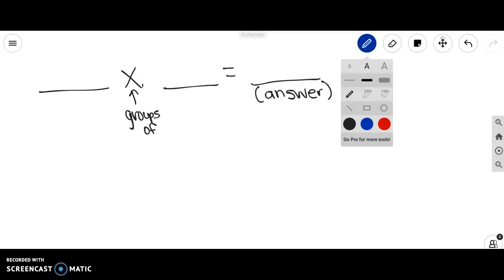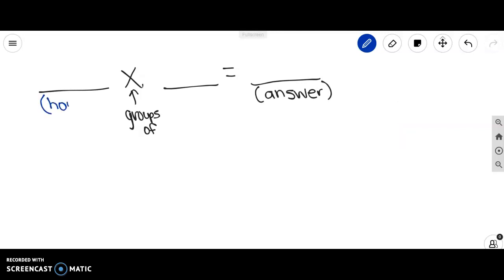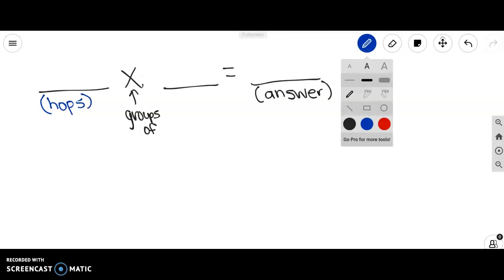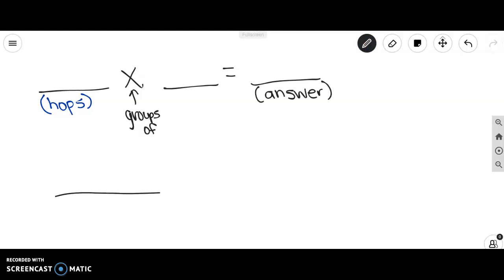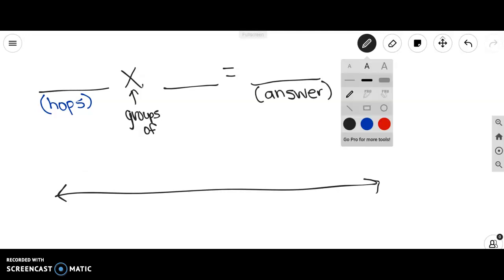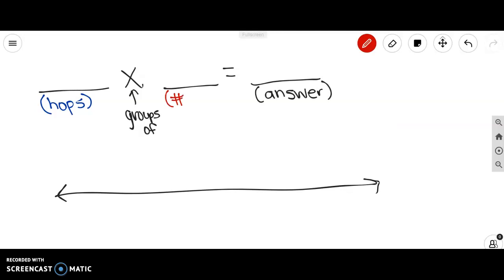So our first number is the number of hops we are going to make on the number line. What I mean by that is when we have a number line and we need to jump or add, we make hops on the number line. Okay, so those are called hops. Then the second number is what we are counting by. So the number we are counting by.